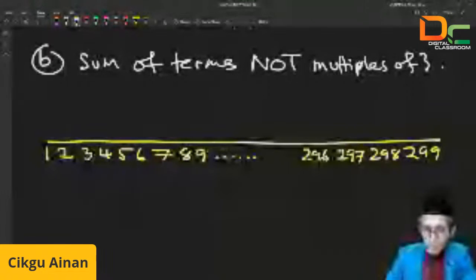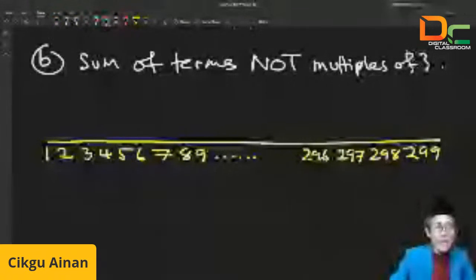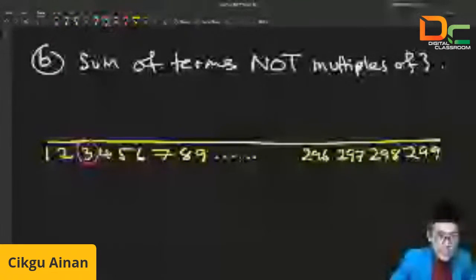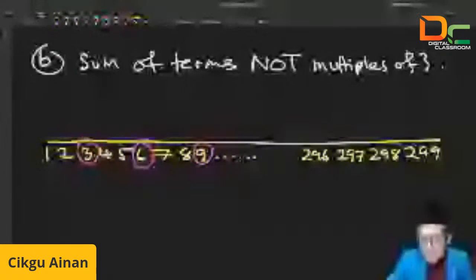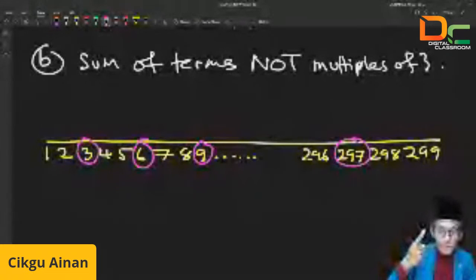Okay, now from part A, we are looking for the sum of the multiples of 3, which are 3, 6, 9, up to 297. In the first part, part A, we are looking for the sum of the pink circles that I circled in front of you.